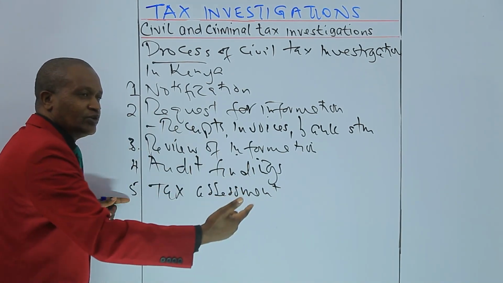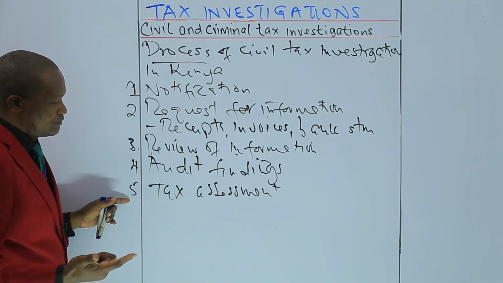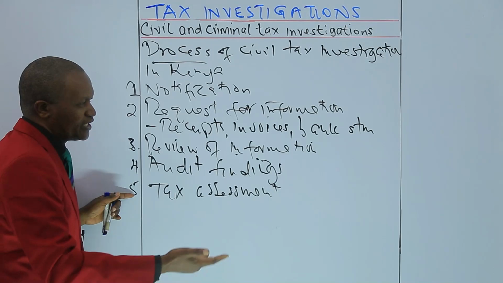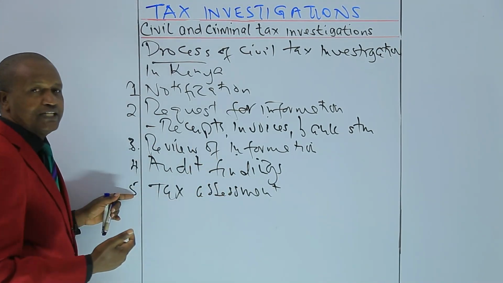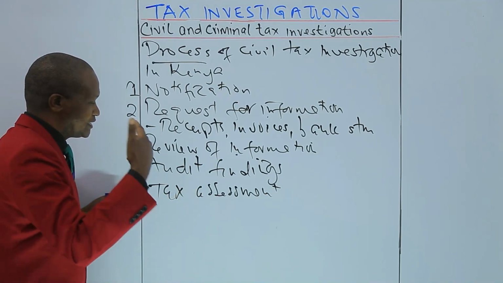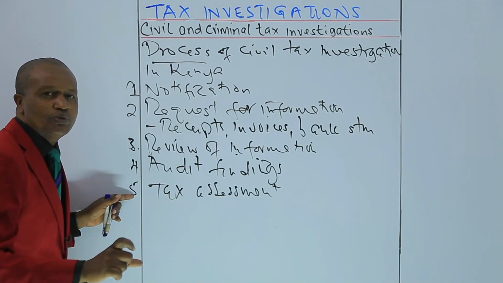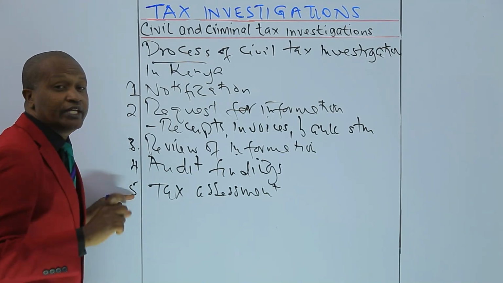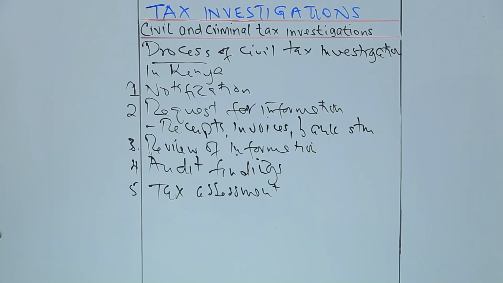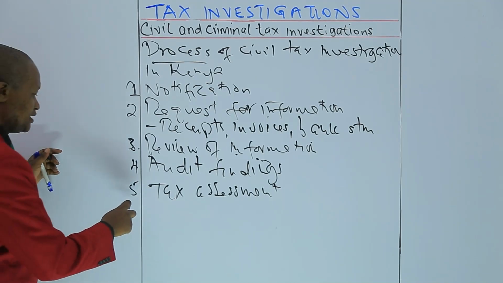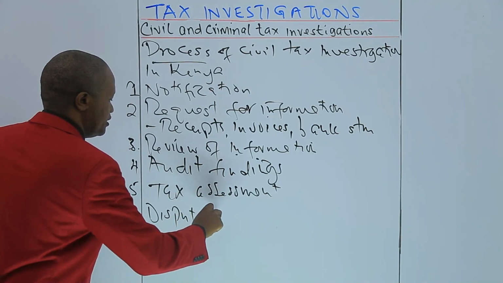The revenue authority will issue a notice of assessment, which the taxpayer can either agree to or disagree with. If the taxpayer disagrees with the assessment, then the taxpayer will have an opportunity to object to the assessment, which will lead to 6, dispute resolution.